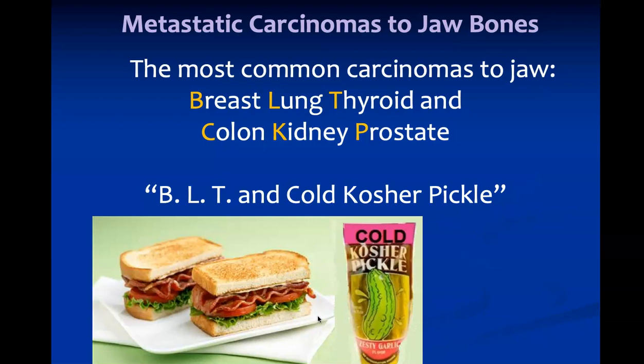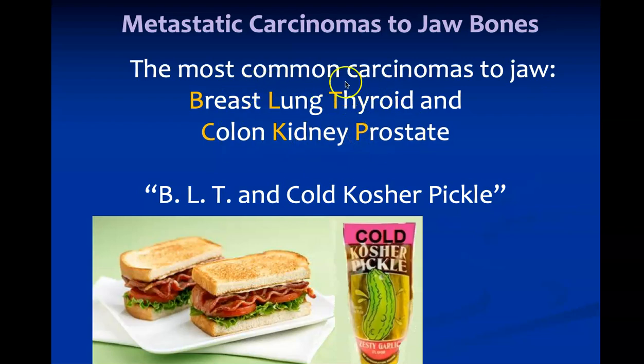So the last thing I wanted to talk about is metastatic carcinoma. You remember I said the most common malignant tumor to the jaws is a metastatic lesion. And when we talk about what lesions would do that, there's actually a little way to remember it. It's BLT and cold kosher pickles. The B is breast cancer, the L is lung cancer, the T is thyroid cancer, the C is colon cancer, the K is kidney cancer, and the P is prostate cancer.